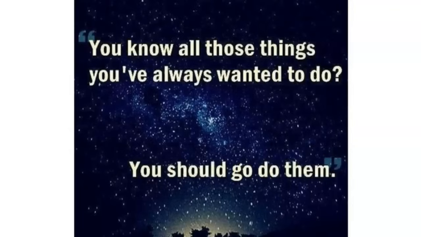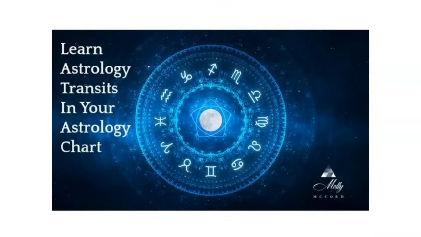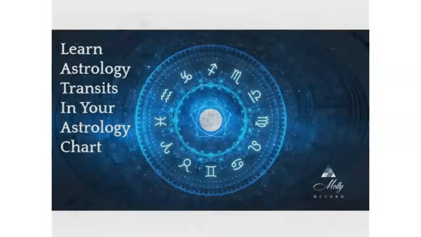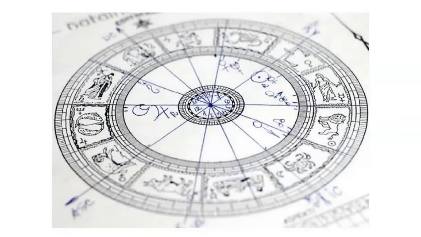Because now you can see, okay, my part of fortune is here in my 11th house. And then maybe you notice how it trines other planets, or it's in the same sign as other planets in your chart.